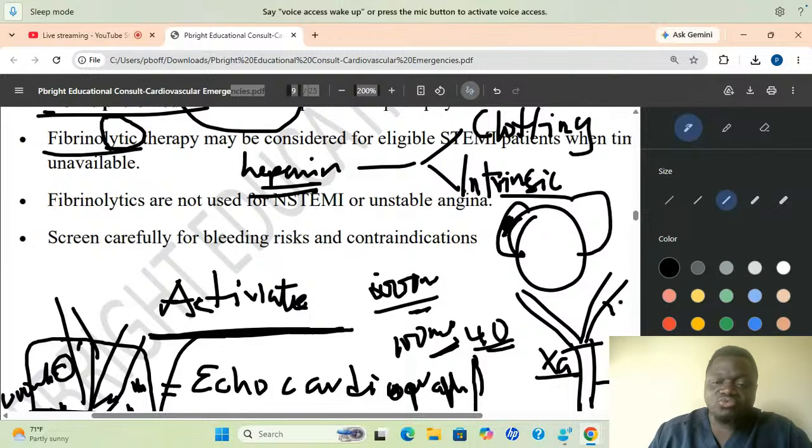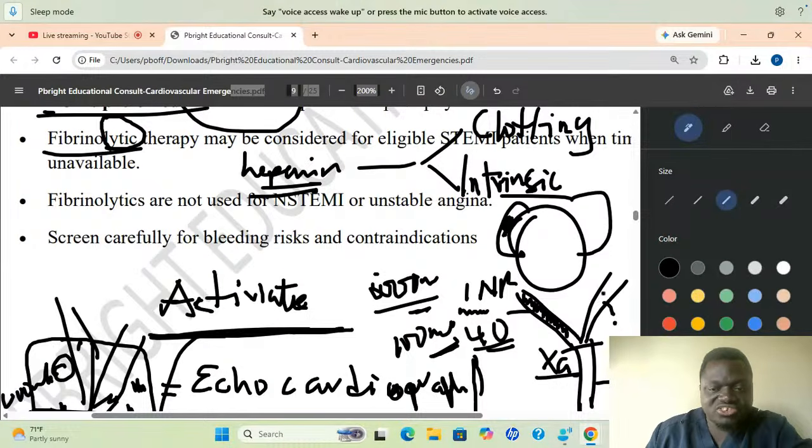Heparin works on the intrinsic pathway, and warfarin works on what? The extrinsic pathway. So if I want to check the time to clot in the extrinsic pathway, I have to use what? INR.